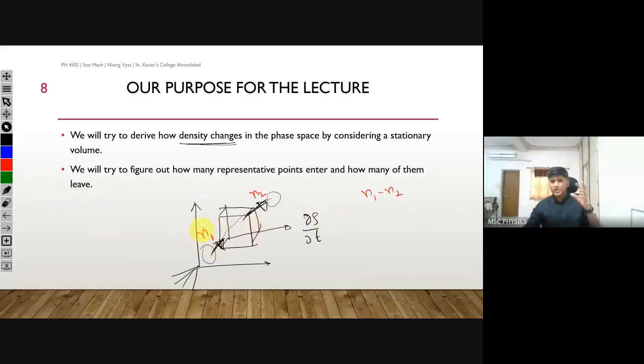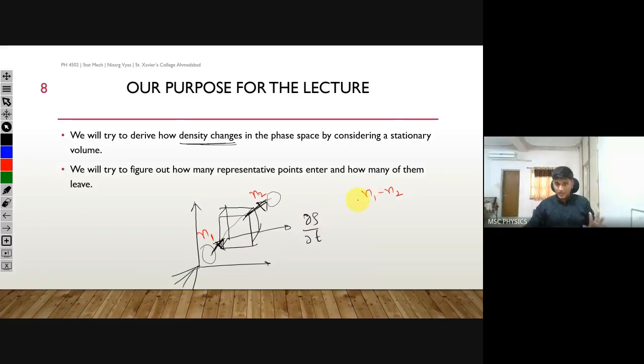If we know how many points entered, and we know the volume of this cube, we divide by the volume of this cube, and we know how the density changed per unit time.